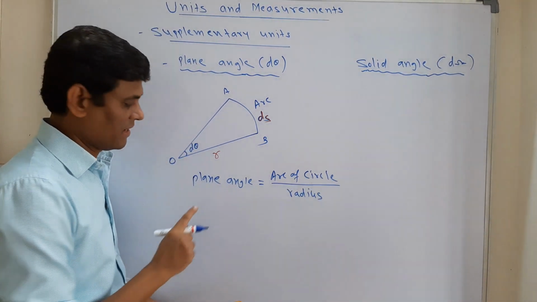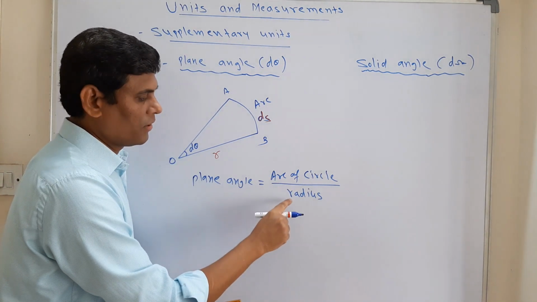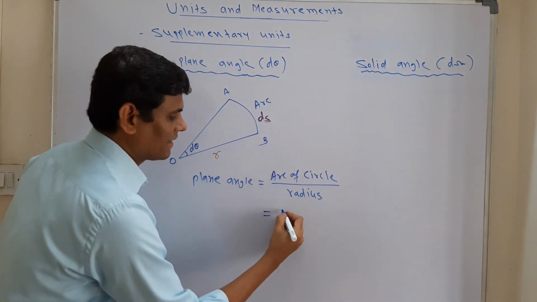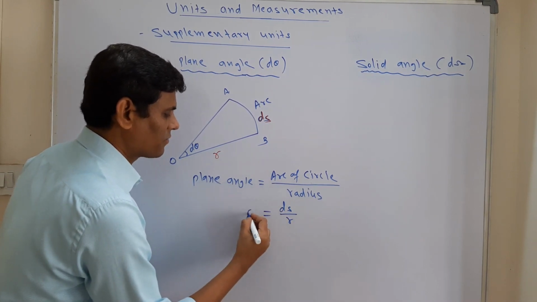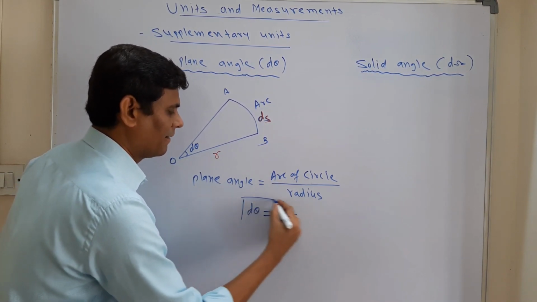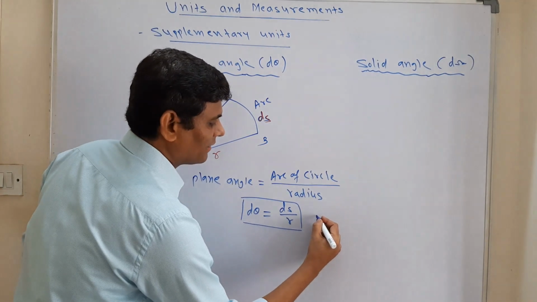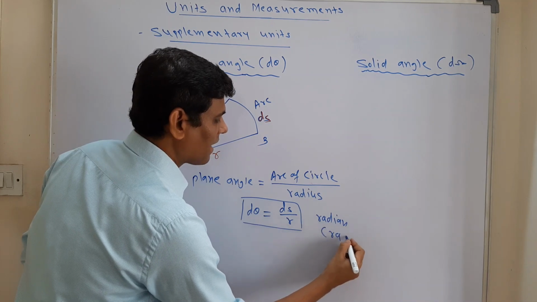I repeat, students, plane angle is a ratio of arc of a circle to its radius. Arc of a circle means this distance, let us say delta S, and radius is equal to R. This is what we have, plane angle. And the unit of plane angle we have is radian. Unit is radian. Shortcut you can use rad.